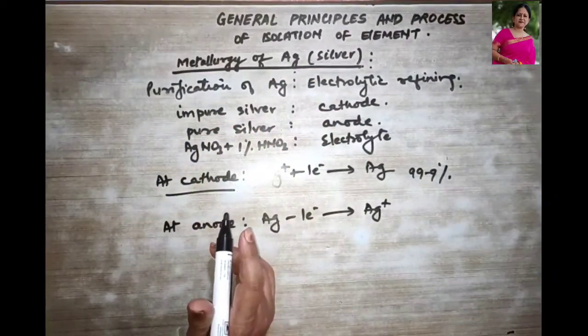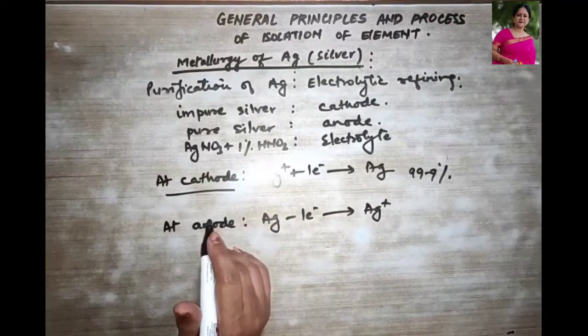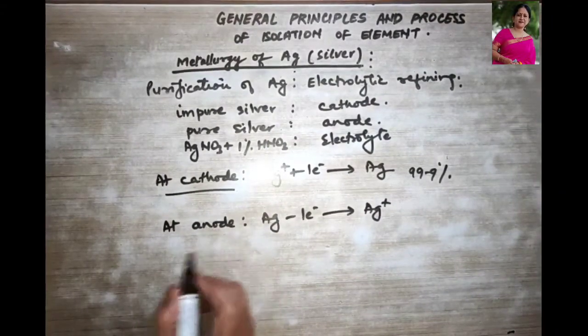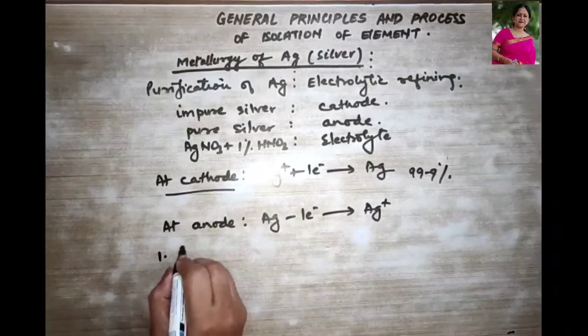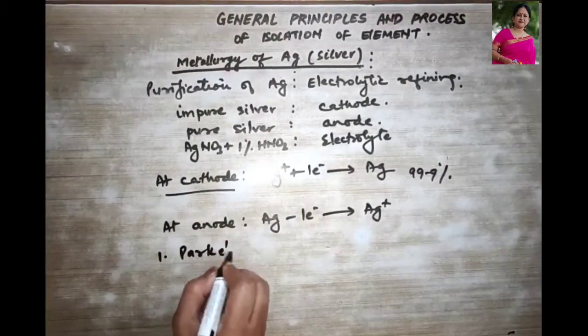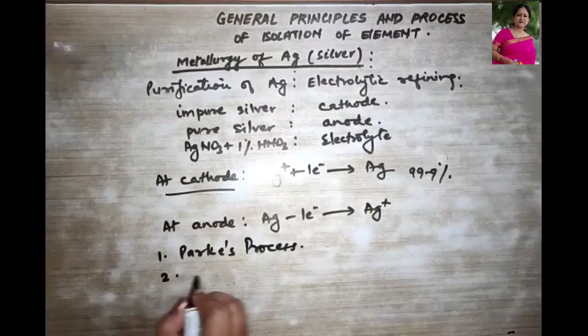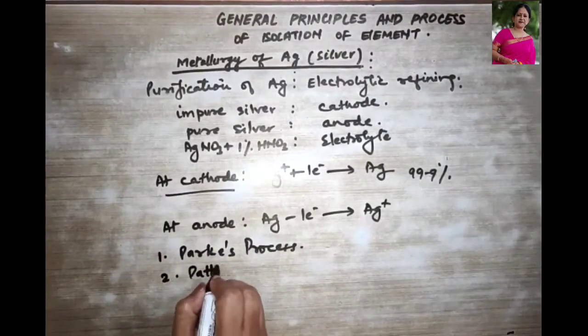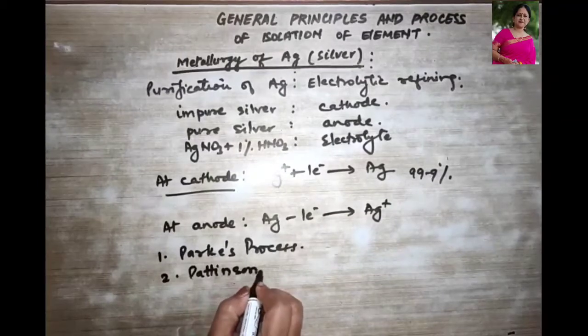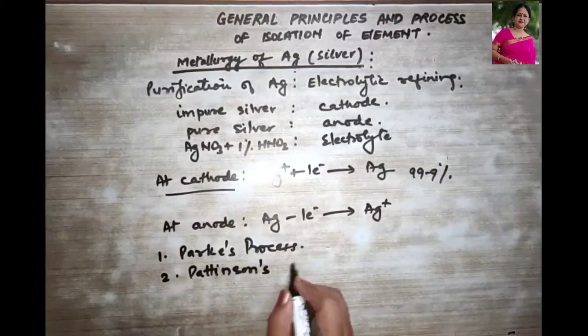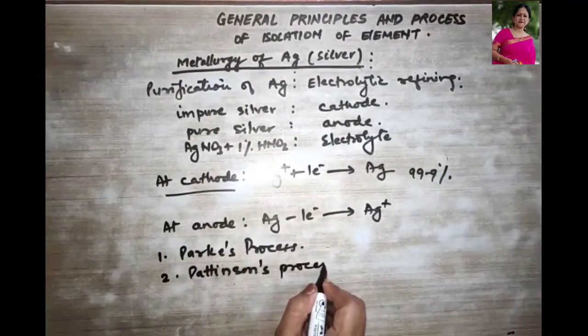Okay, so what are those two processes? The other two processes by which we can obtain silver are, one is called the Parkes process and the other is called Pattinson's process.